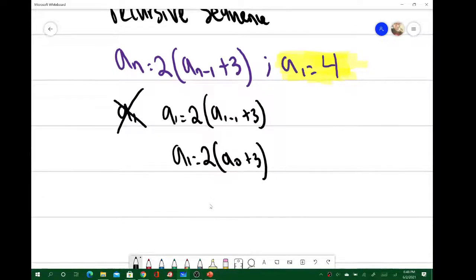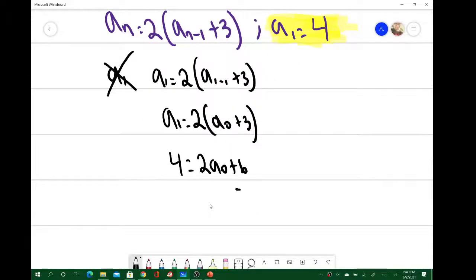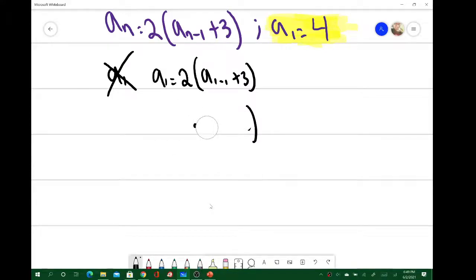No, right? You can do it that way if you want. You can say a sub 1 is 4, then 2 a naught plus 6, and solve for a naught. But it's just going to take longer to do it that way.